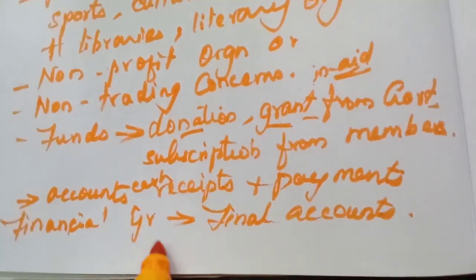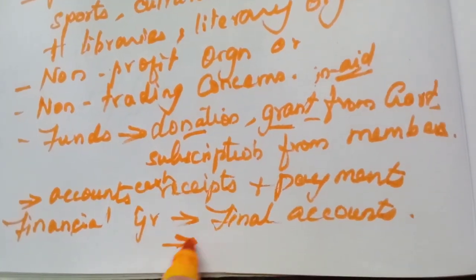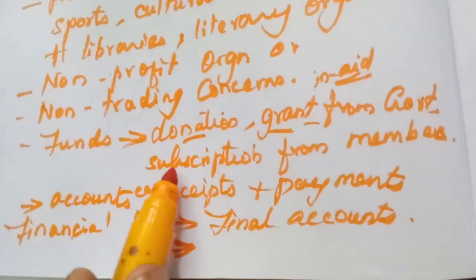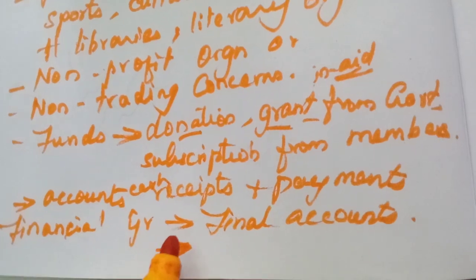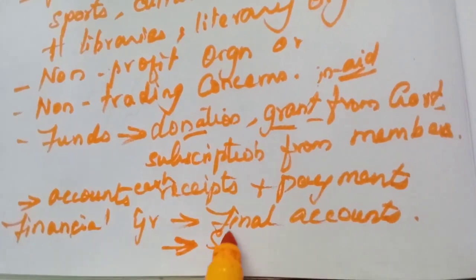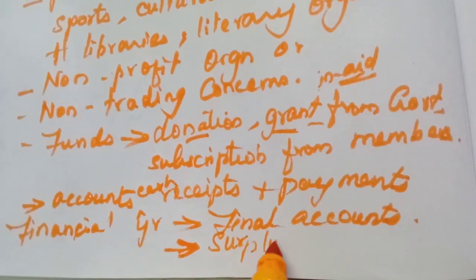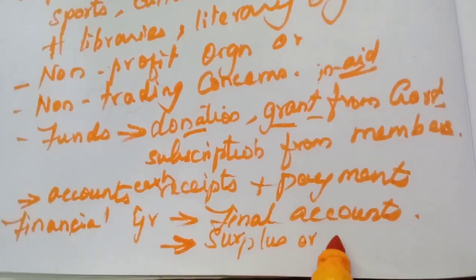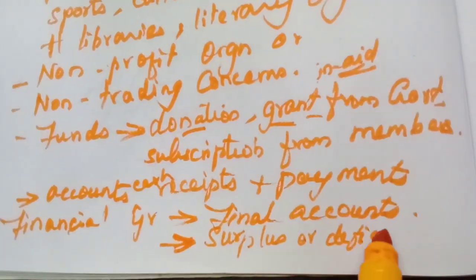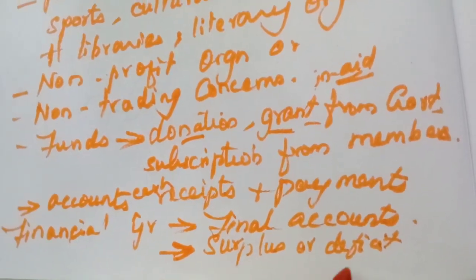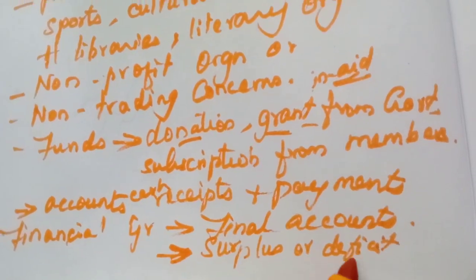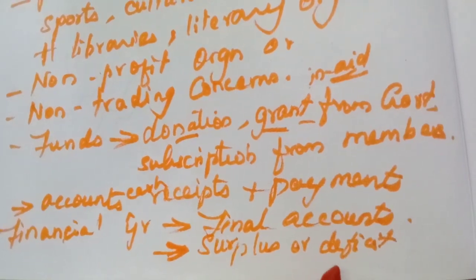From these final accounts, they will know if they have received more, or if their income is more than the expenditure, that is called surplus. From the final accounts, they can come to know whether it is surplus or deficit. Deficit means shortage. Surplus means they have more income than the expenditure. If the expenditure is more, then they will have a deficit.